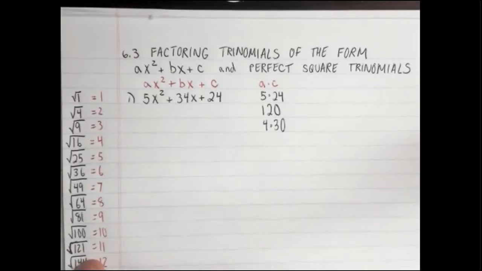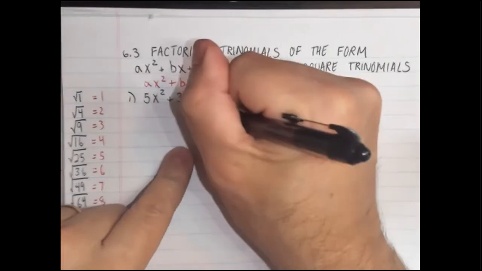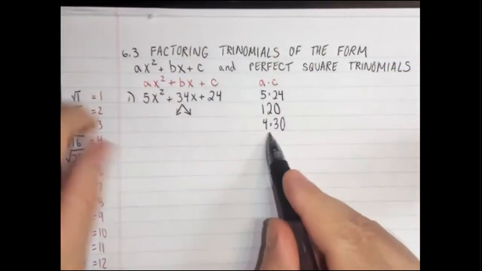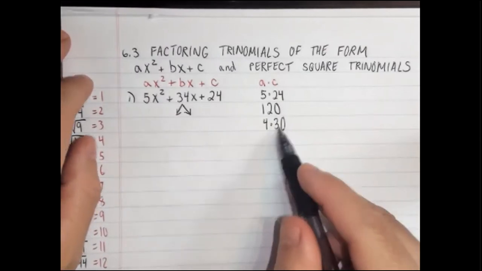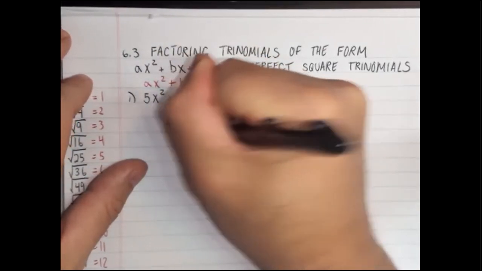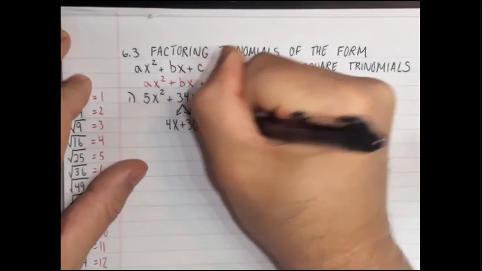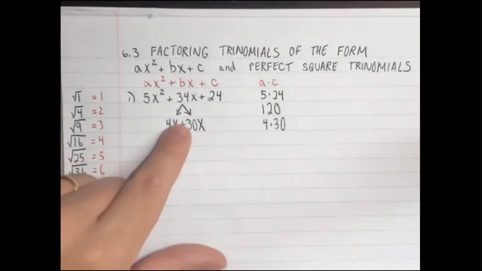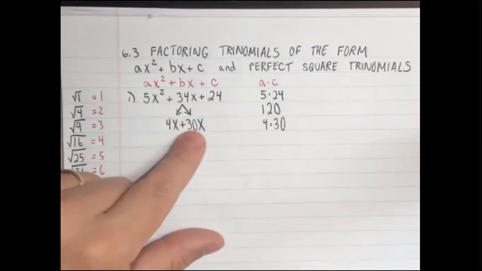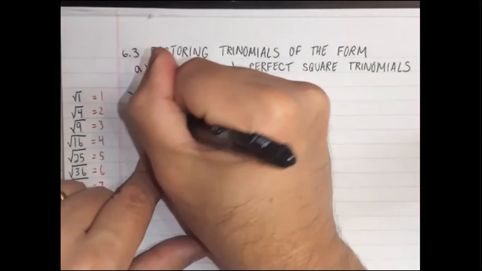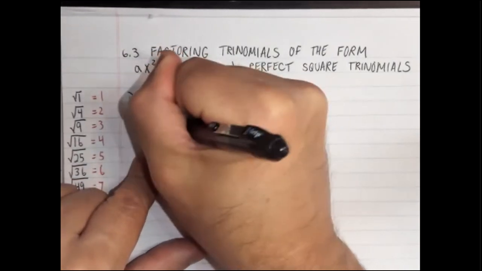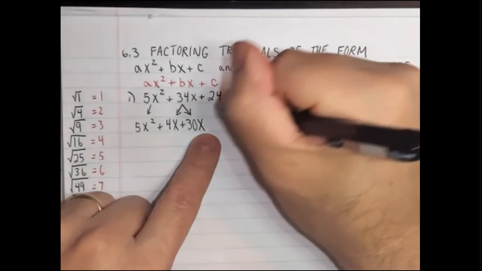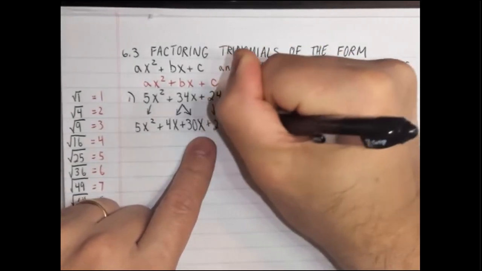Now you come back to your problem, and where you see 34, we're going to rewrite 34 using these two values. In other words, we write 4x plus 30x. And 4x plus 30x is 34x, so we're really just rewriting the middle term. Then we move down the first term, which is 5x squared, and since the 4x is positive, we put a plus, and then we move down the plus 24.